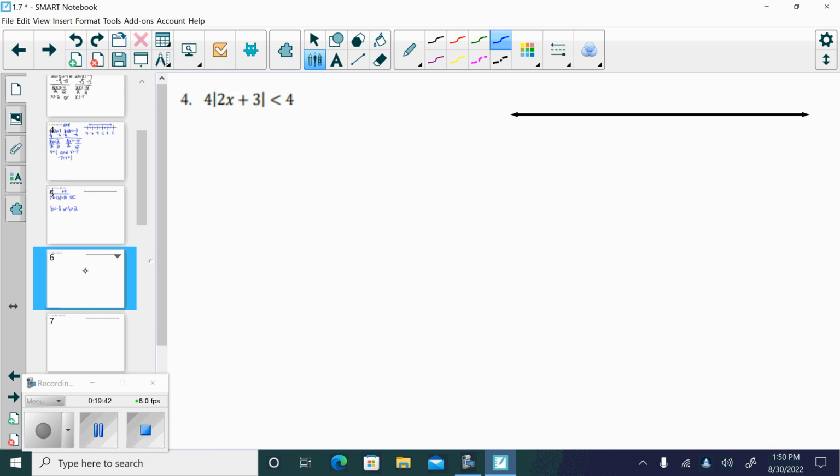All right, number 4. So once again, we're going to get it alone, and then I'm going to give you the answer. Okay? What is the operation happening between the 4 and the absolute value? Multiplication. All right, on your test, almost all of you tried to distribute that. You cannot do that.